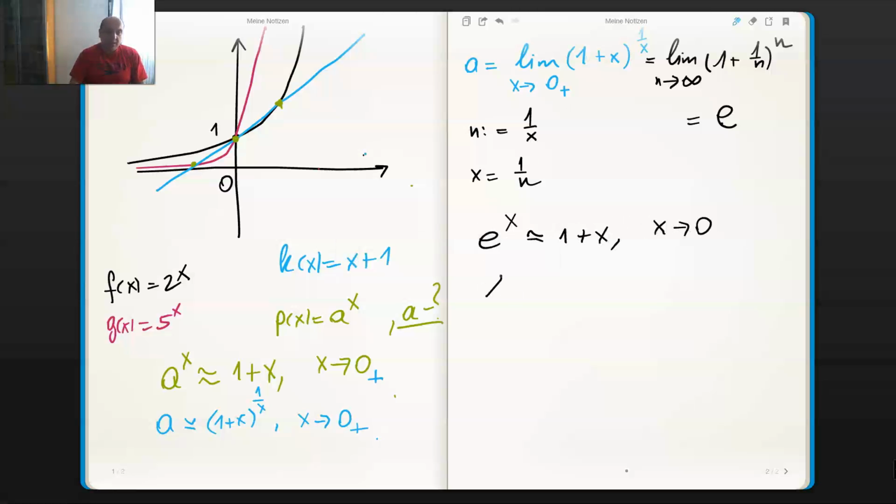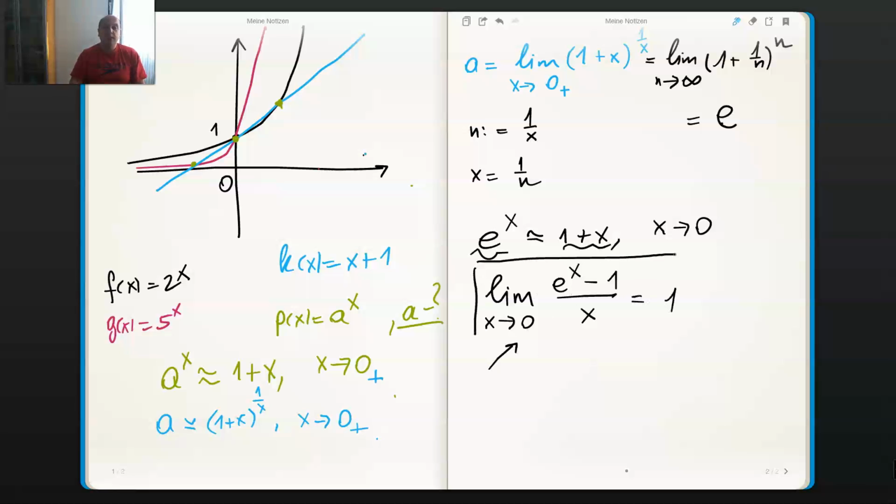And that means the limit of x running towards 0 of e to the power of x minus 1 divided by x is equal to 1, since they are behaving equally if x is running towards 0. This is a very important limit which we're going to be using many times, and this is one of the biggest properties of the Euler's function.